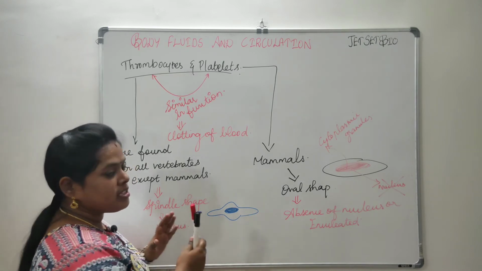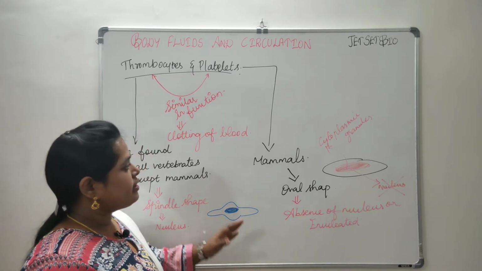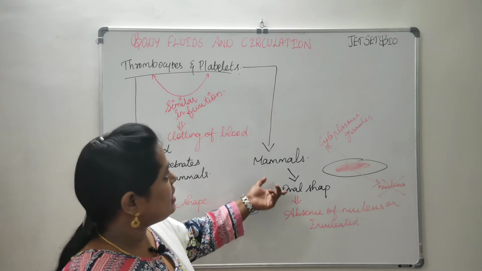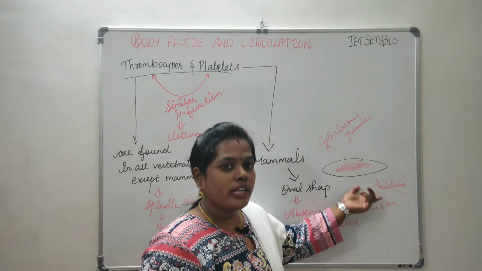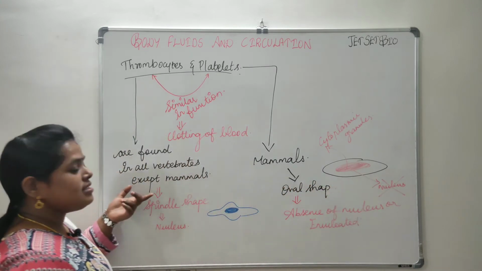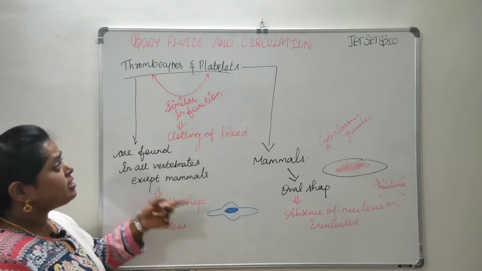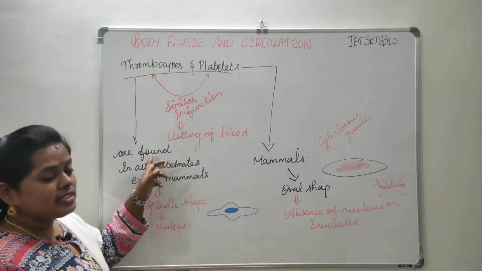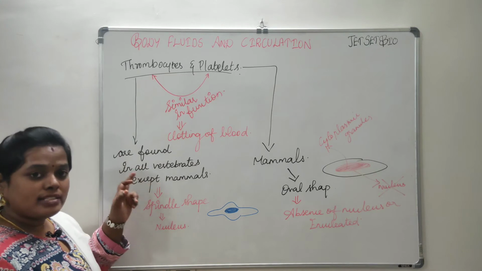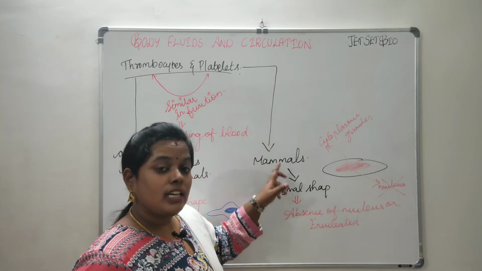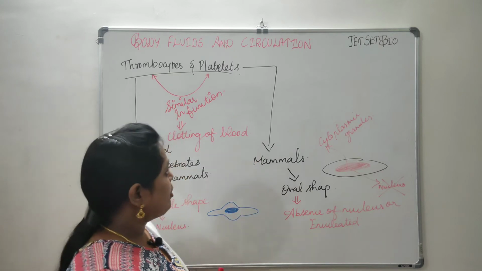This is the major role of the two, but they are given different names because these cells in mammals do not have a nucleus, whereas the cells in all other vertebrates have a nucleus. That is why thrombocytes are present in vertebrates except mammals, and in mammals they are called platelets. Am I making it clear?